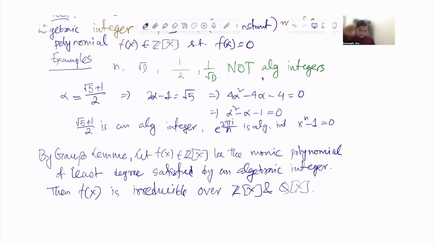So if it satisfies the monic polynomial of least degree, then it is irreducible over Z[x] and Q[x].